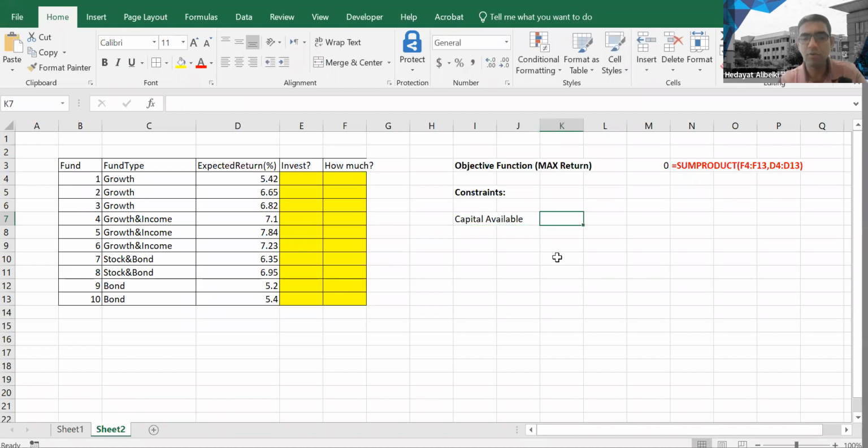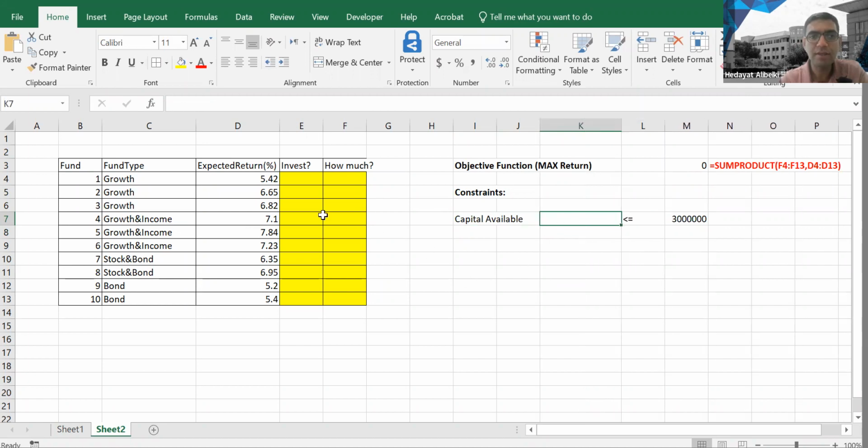The maximum, or the total capital that you have available, and that's how much? $3 million. So the total investment cannot go beyond this number. You can't exceed the maximum capital that you have available.